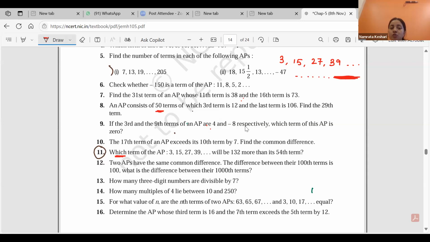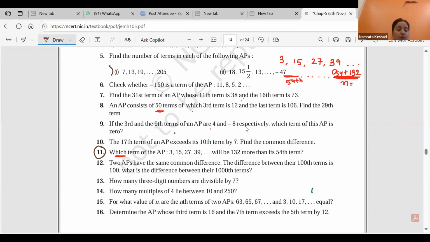Which term of this AP is 132 more than 54th term? Somewhere you are having the 54th term, and this is 132 more than the 54th term. What is the placement of this particular term?